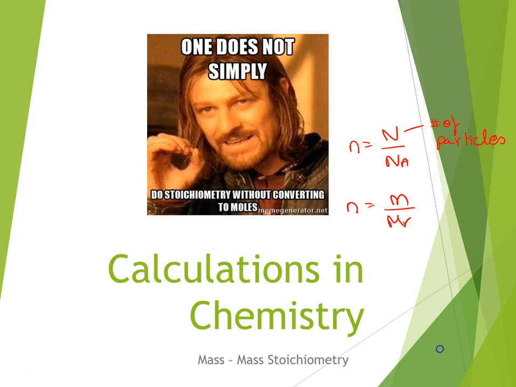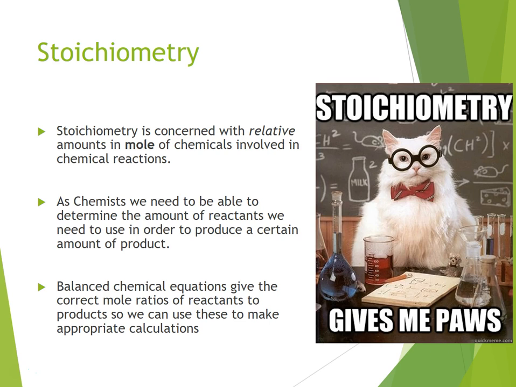So let's get started. Stoichiometry is essentially a fancy word that chemists use for basically calculations that they do to work out quantities. So it's nothing really other than calculations in chemistry. For that, we're going to need to use the mole.